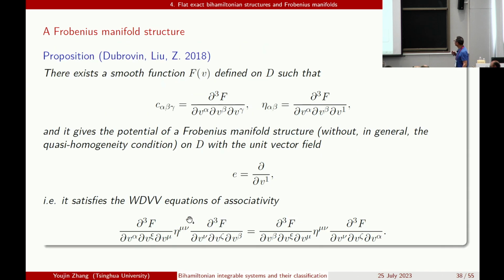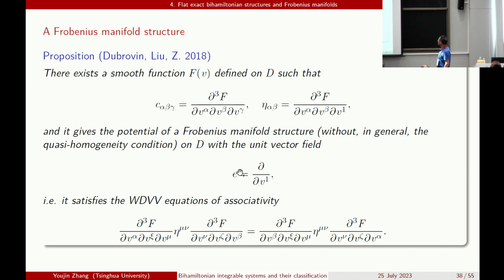Then by using this construction, we can find a Frobenius manifold structure. We can define a potential: there exists a potential function F such that this function satisfies the WDVV equations. And then we have this unit vector field.